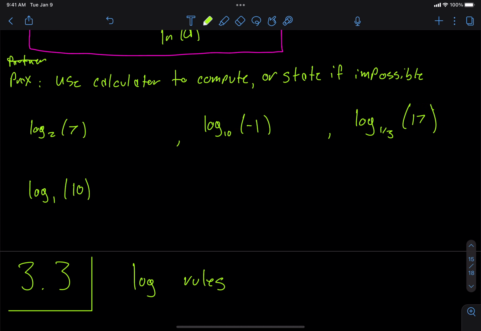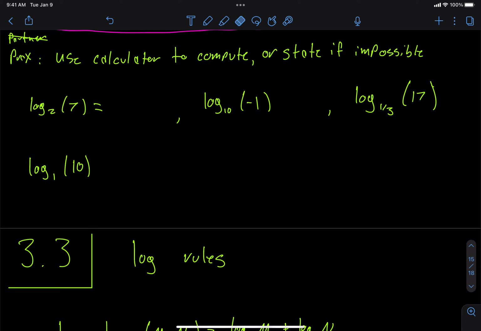We're not going to do this as partner practice, but you do need to know how to do this. So what would I get if I did log base 2 of 7? Change of base formula. I'm going to rewrite it using natural logs. It'd be ln of 7 over ln of 2, right?